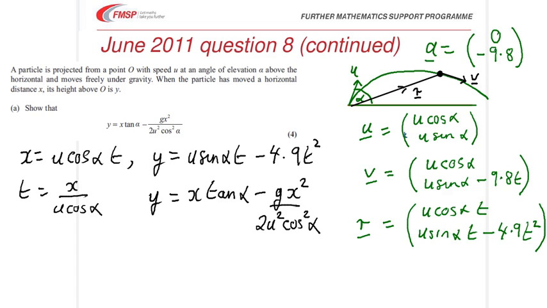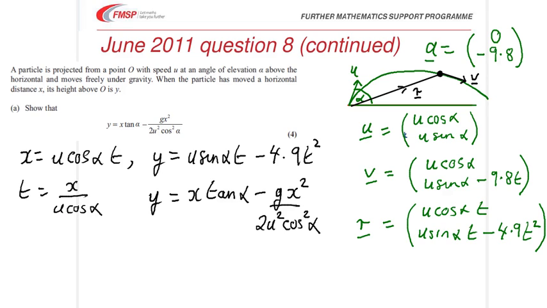So, picking out the x displacement, we've got x is u cos alpha t, and the y displacement goes y equals u sin alpha t minus 4.9 t squared. Now, to get the equation they want, all you have to do is eliminate t by substituting the t in from the x equation, so t is x over u cos alpha, and put that into the y equation.